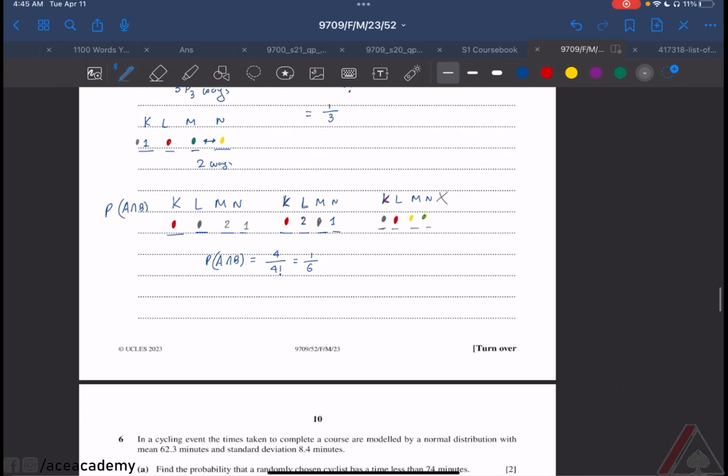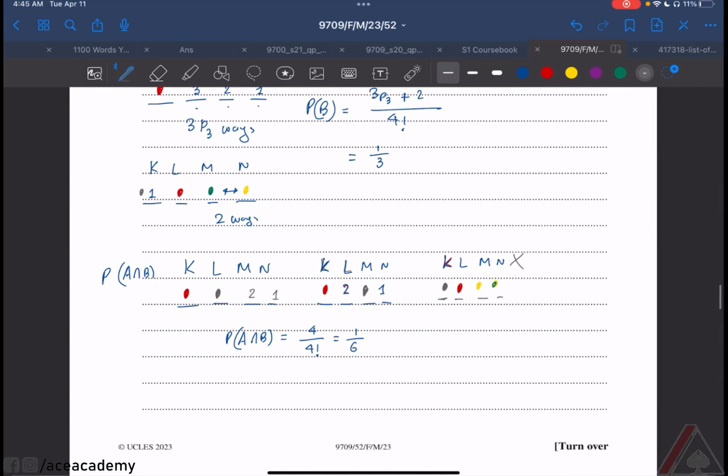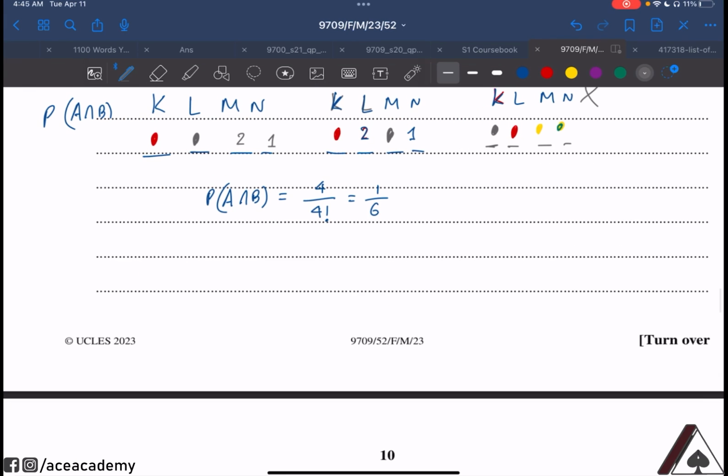So the probability of A intersection B is 4 by 4 factorial, which is 1 by 6.